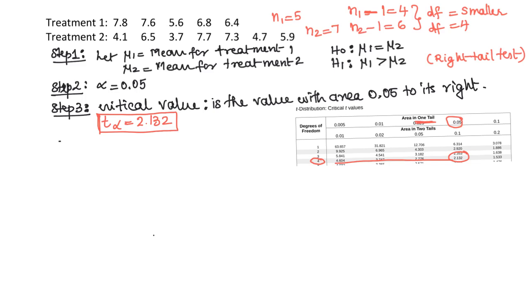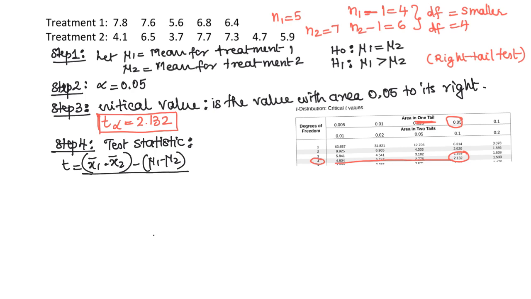Now find the test statistic. So step 4 is test statistic. We can use this formula, x1 bar minus x2 bar minus mu1 minus mu2, under the assumption that null hypothesis is true.